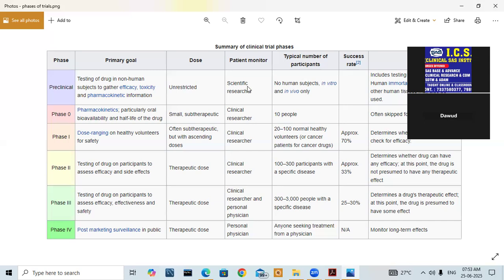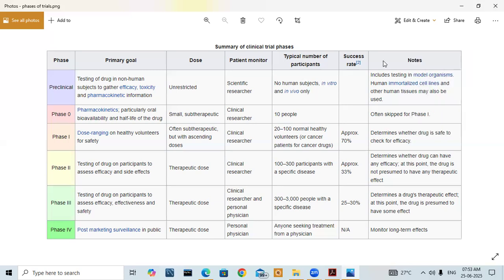This is carried out by a scientific researcher, and no human beings are involved. We are using non-human subjects. Sometimes cells and extracted human tissues are used to carry out the research.